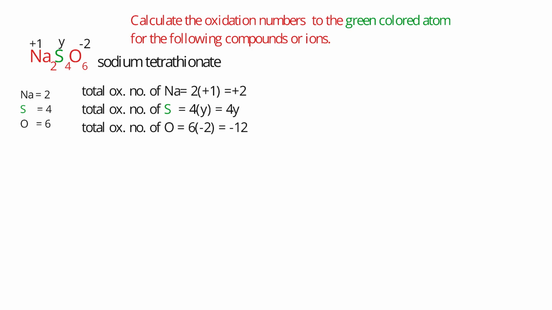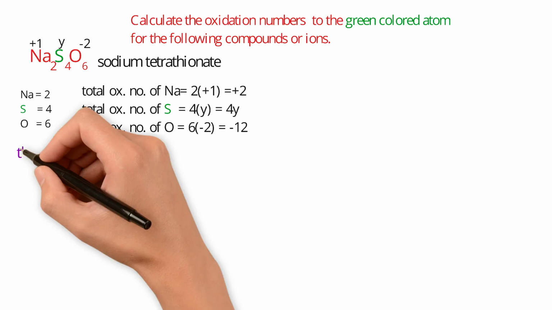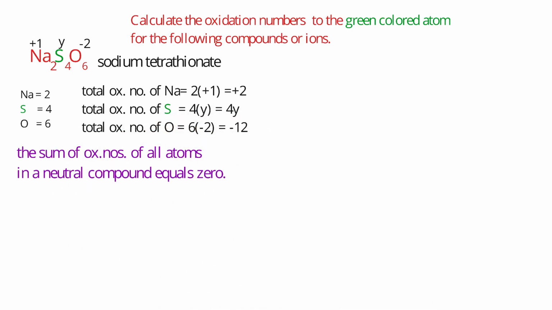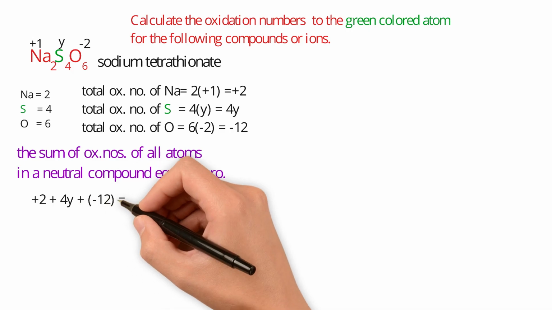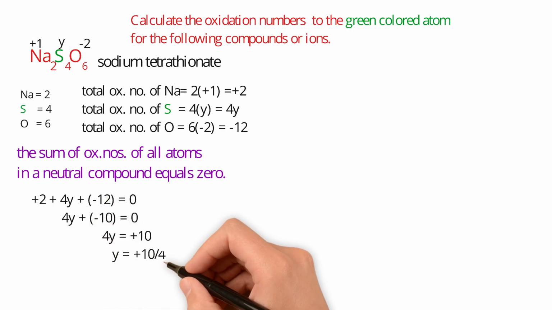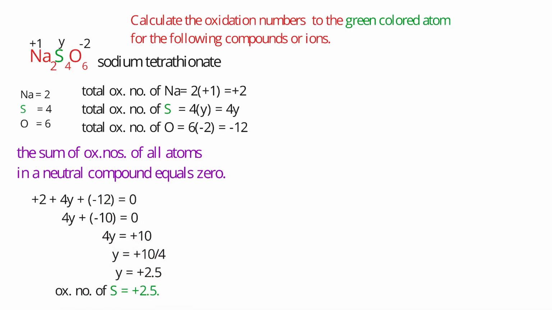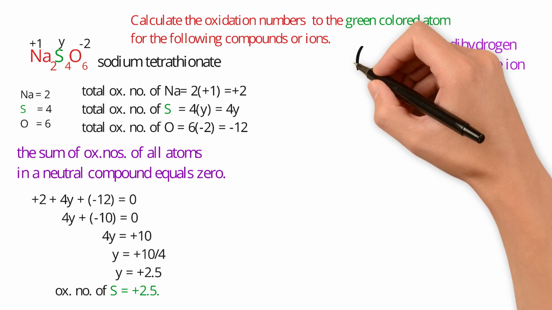Therefore, 6 into -2 equals -12. The sum of oxidation numbers of all atoms in a neutral compound equals 0. Therefore, +2 for sodium, plus 4Y, the required one, plus -12 equals 0. 4Y plus -10 equals 0, 4Y equals +10, Y equals 10 upon 4, Y equals 2.5. Oxidation number of sulfur is equal to 2.5.